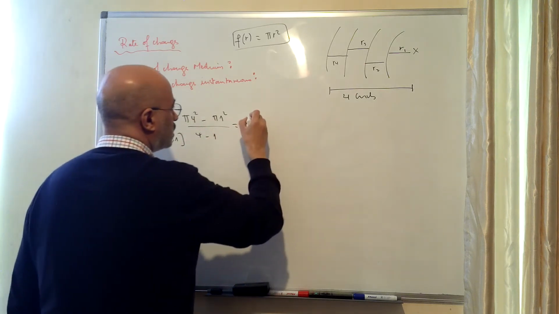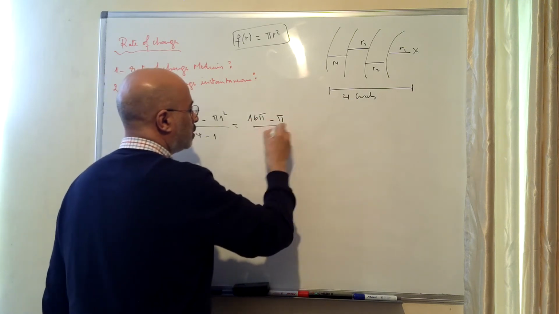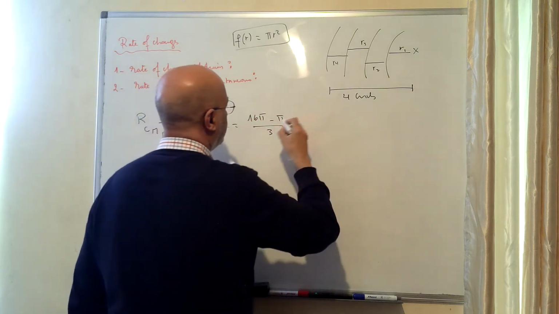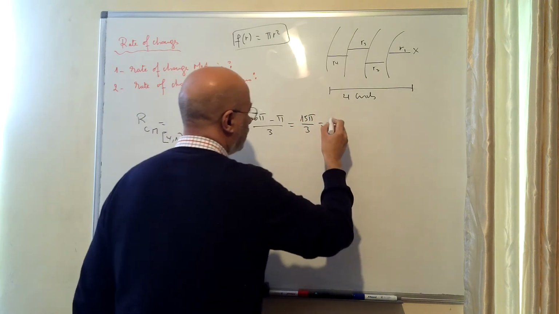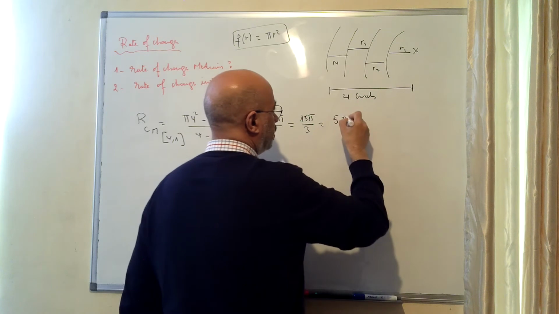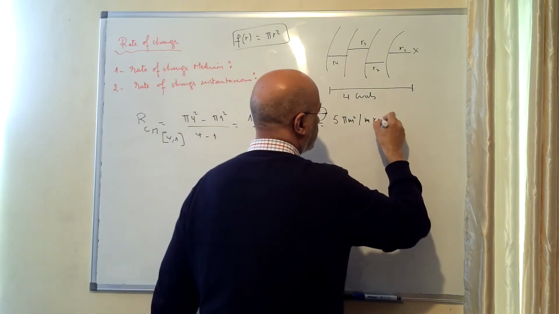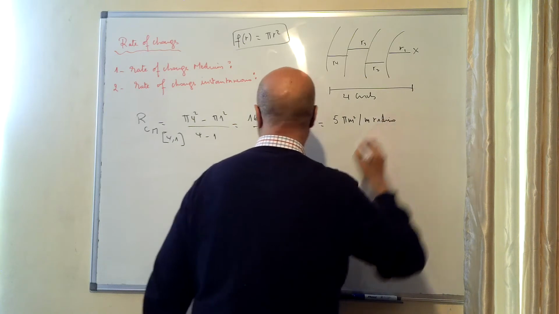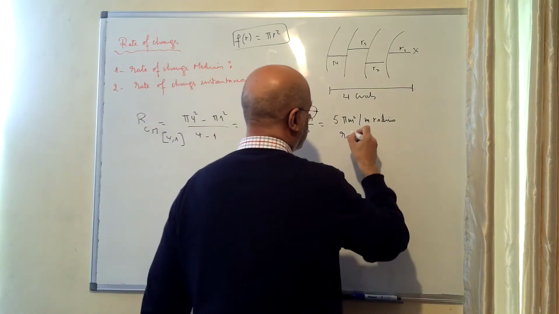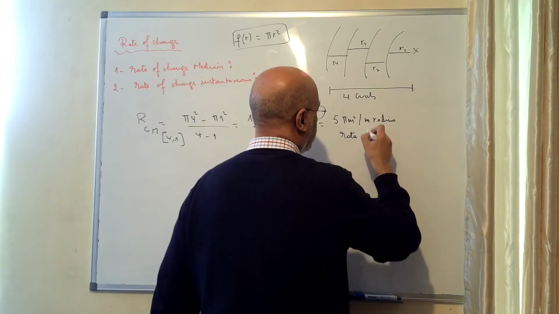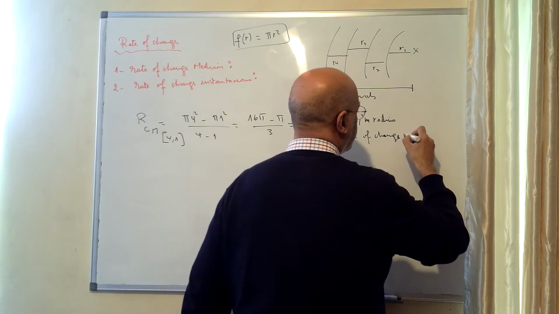We have (16 pi minus pi) over 3, we have 15 pi over 3. We have 5 pi square meters per meter of radius. Okay, this is the medium rate of change.